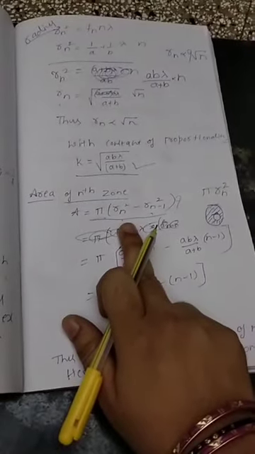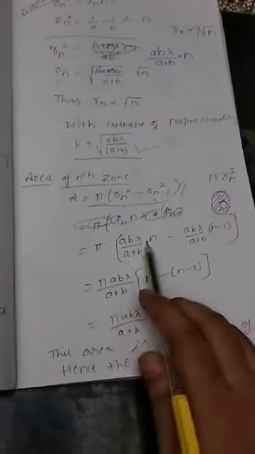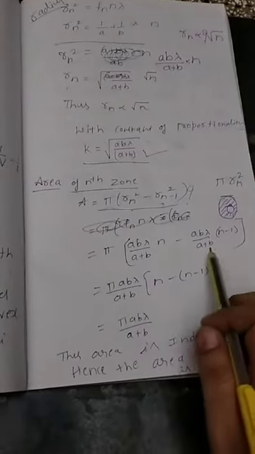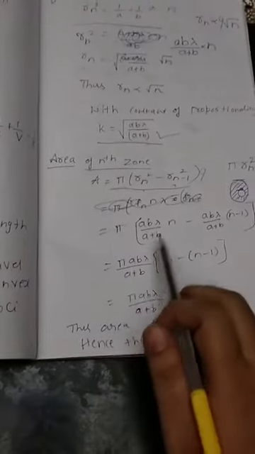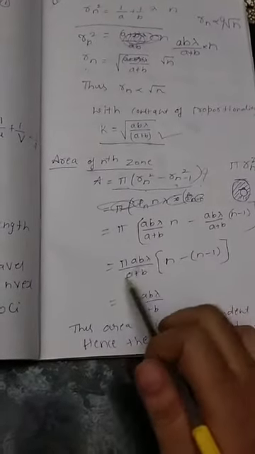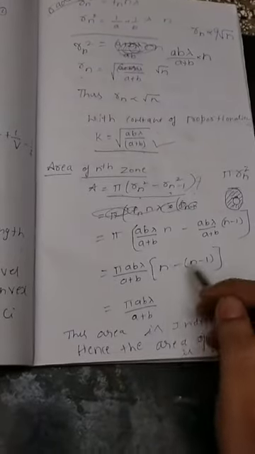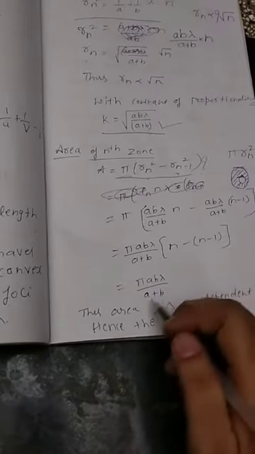Rn square is nothing but ab lambda by a plus b into n. Therefore Rn minus 1 square will be ab lambda by a plus b into n minus 1. Pi is already common. If I take the term ab lambda by a plus b, then I can write n minus of n minus 1. So n minus n cancels, and you will be left with only pi ab lambda by a plus b.